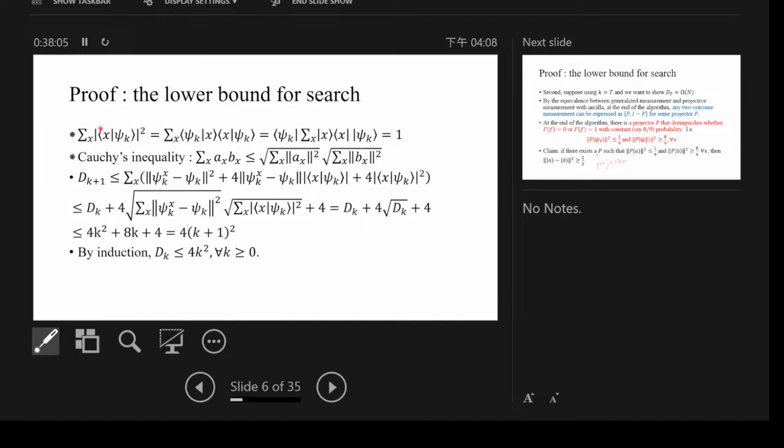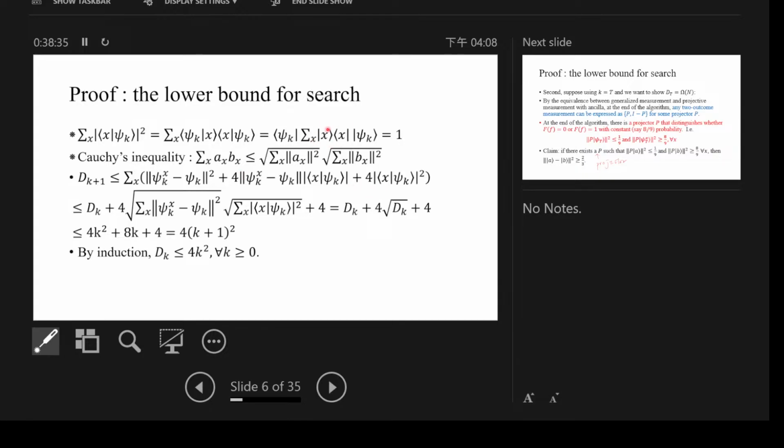So this inner product squared is a complex number, and the norm squared is it times its complex conjugation. Then we sum over x, and now we can do some linear algebra. We see that the only dependence on x is the middle part, so we can do the summation over the middle part first.